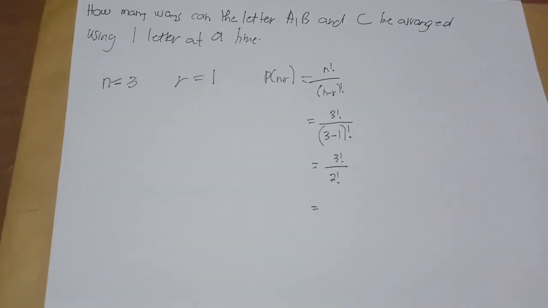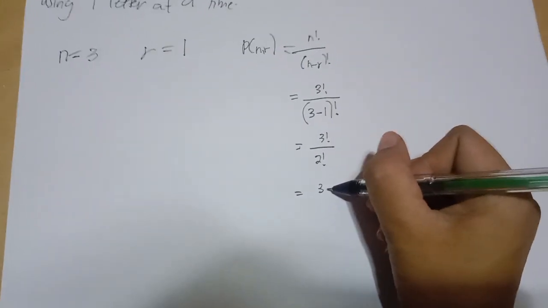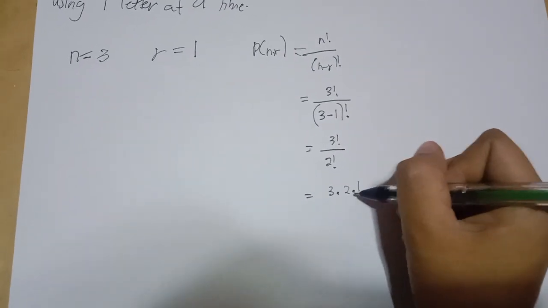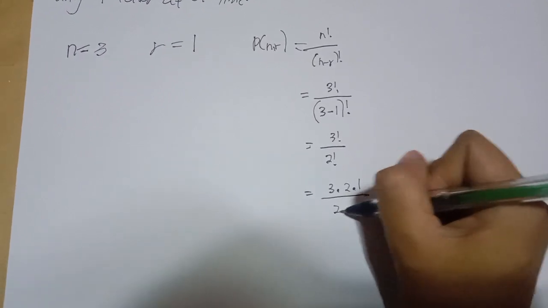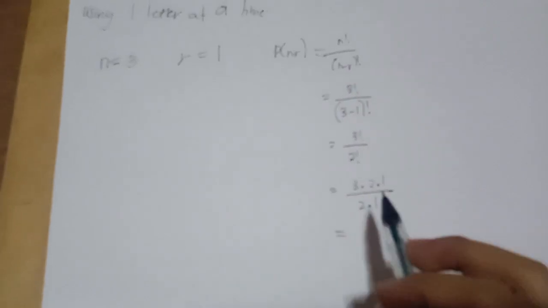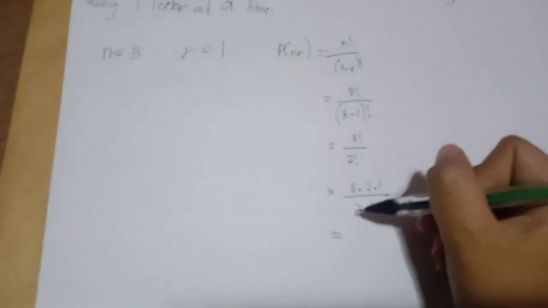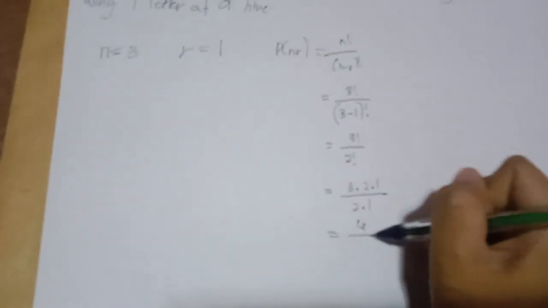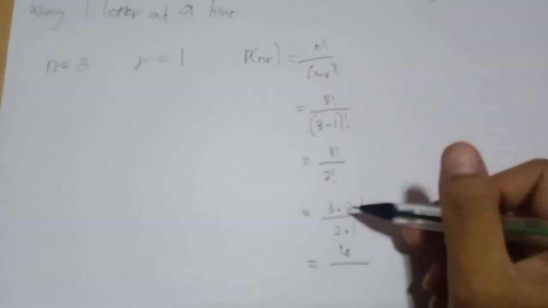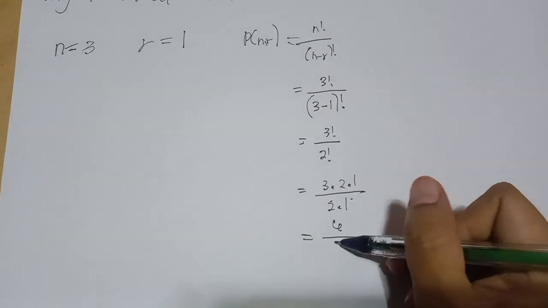Next step, since it has 3 factorial, we need to convert it. 3 times 2 times 1 over 2 times 1. 3 times 2 times 1 equals 6, and 2 times 1 is 2.